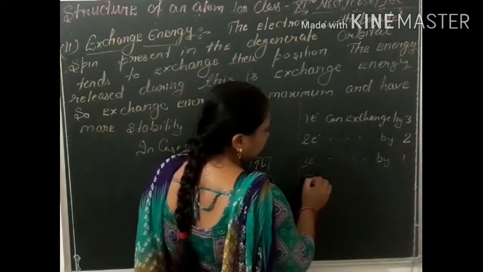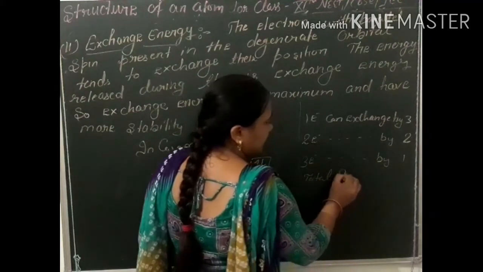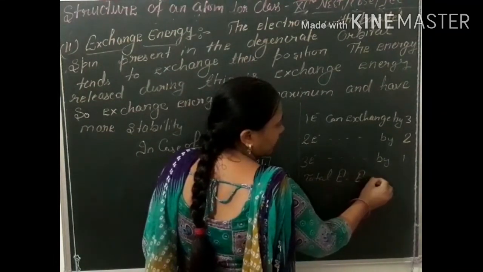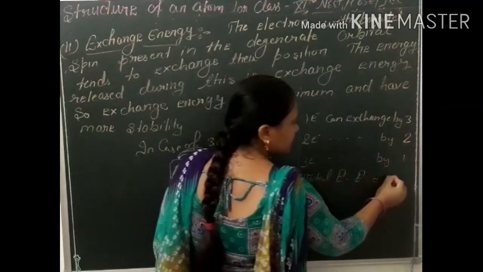Now the total exchange energy is equal to 3 plus 2 plus 1, that is 6.